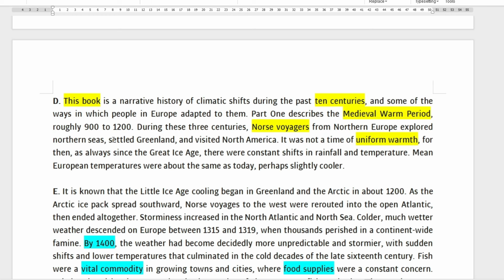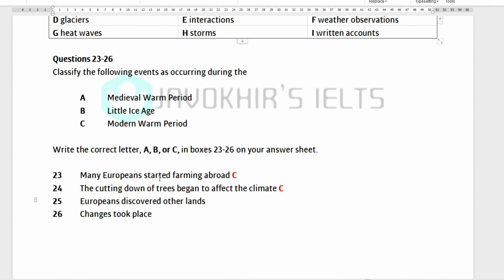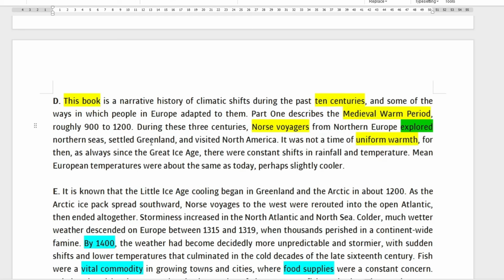So during these three centuries, Norse voyagers from northern Europe explored northern seas, settled Greenland, and visited North America. But who did that? Discovered means explored. Discovered other lands: Greenland, North America, and so on.